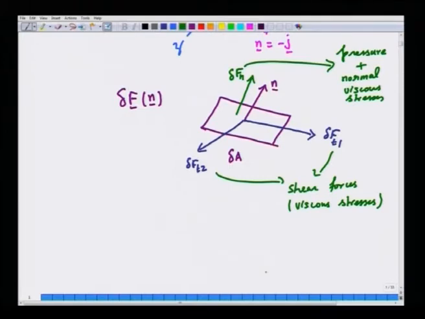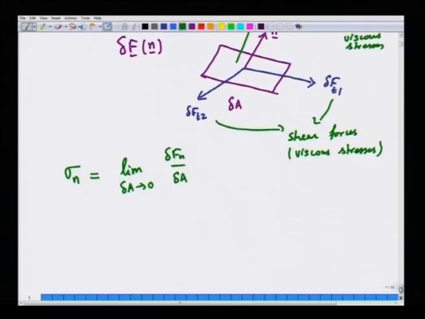So, it is normally convenient to write the force per unit area as the normal stress sigma n, the limit as delta A tends to 0 of delta f n by delta A. Likewise the shear stress is denoted as tau n 1, the limit as delta A tends to 0 of delta f t 1.